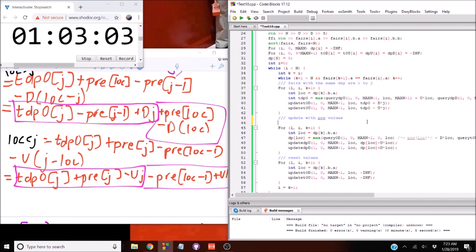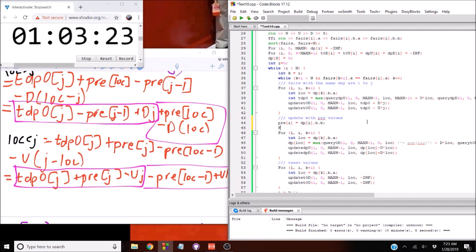And then I'm just gonna set the values from I to K. Oh, this should be DPL. It should be everywhere. It should be DPL, not DPK.